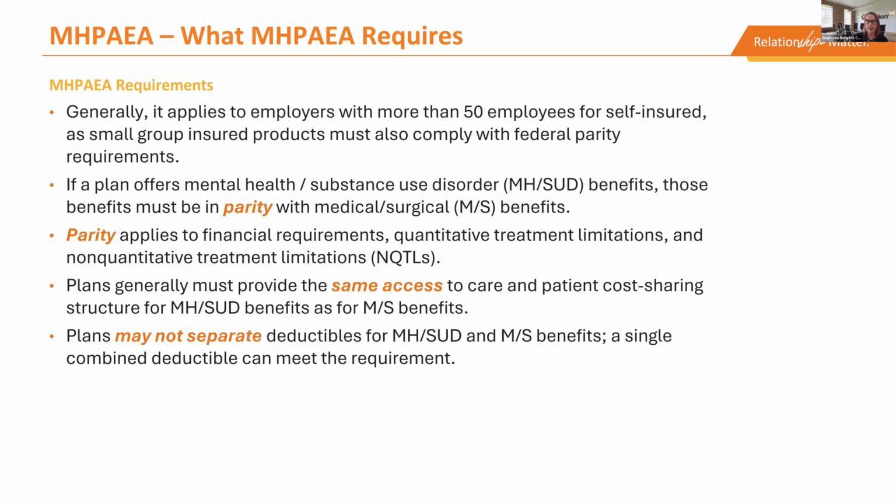So moving on, we've touched on some of these, but generally this does apply to employers that are 50 plus for self-insured. And for insured, it will depend on the small group status and those state benchmark plans of the various states as to whether or not your plan has to comply. If a plan offers mental health substance use disorder benefits, then they must be on par.